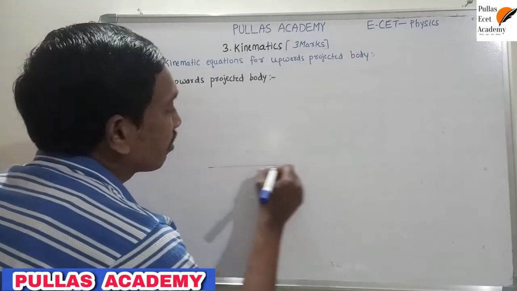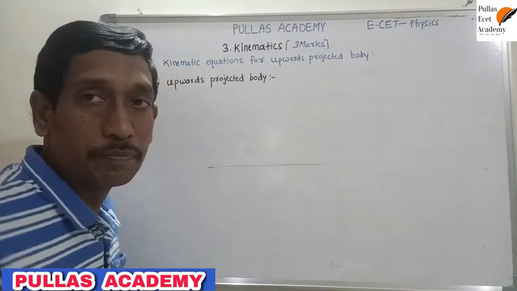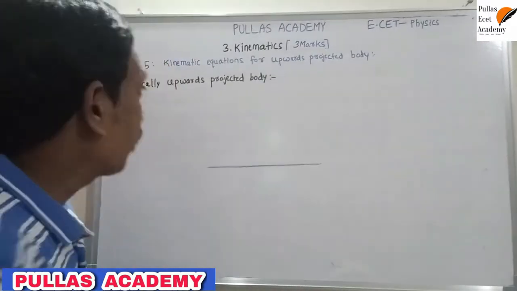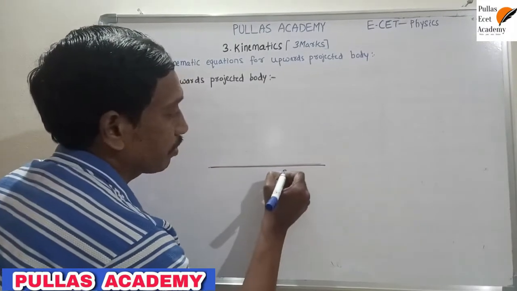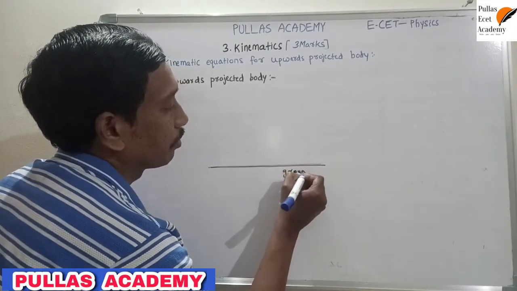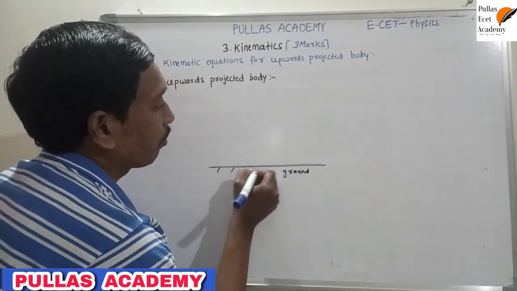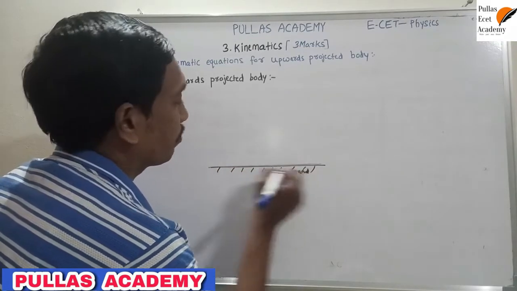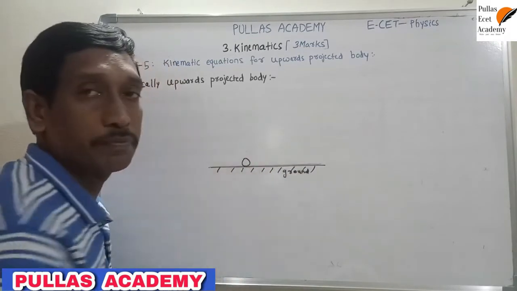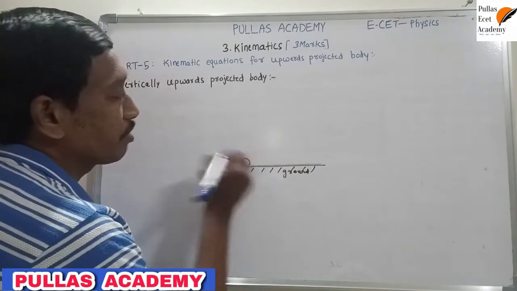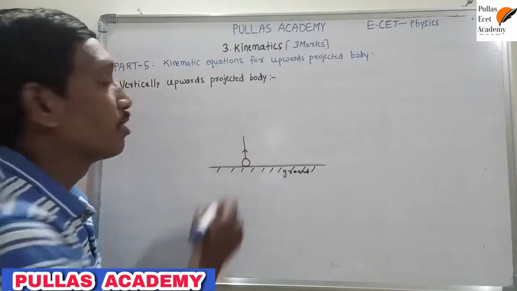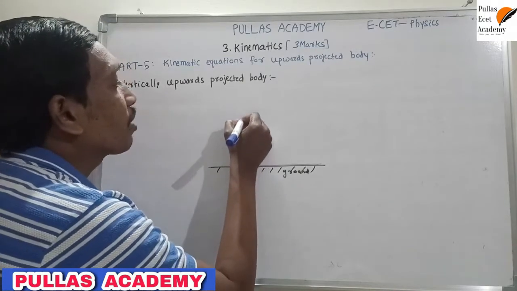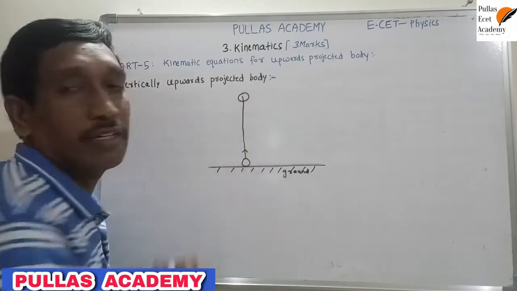Suppose this is the ground. From the ground, if you project an object, say this ball, upwards, then it moves along this vertical straight line upwards.